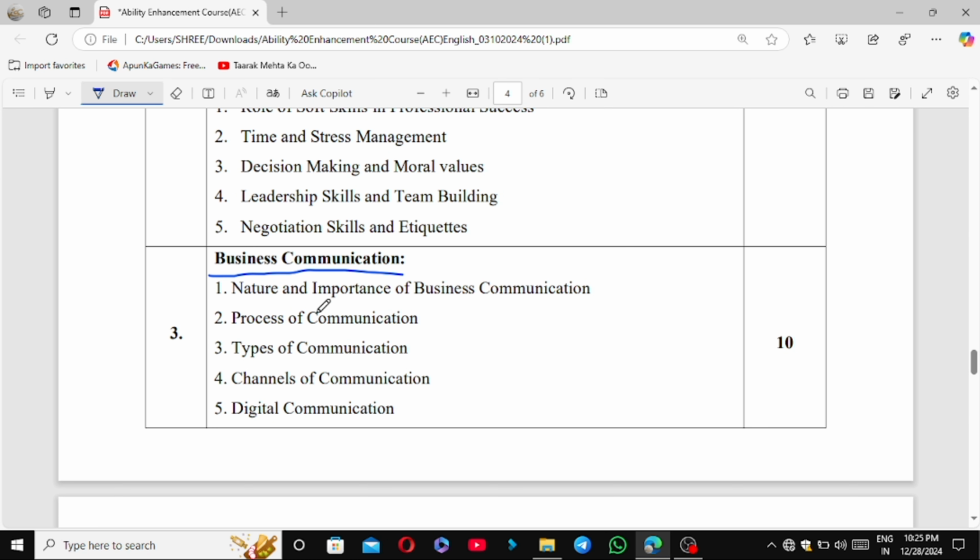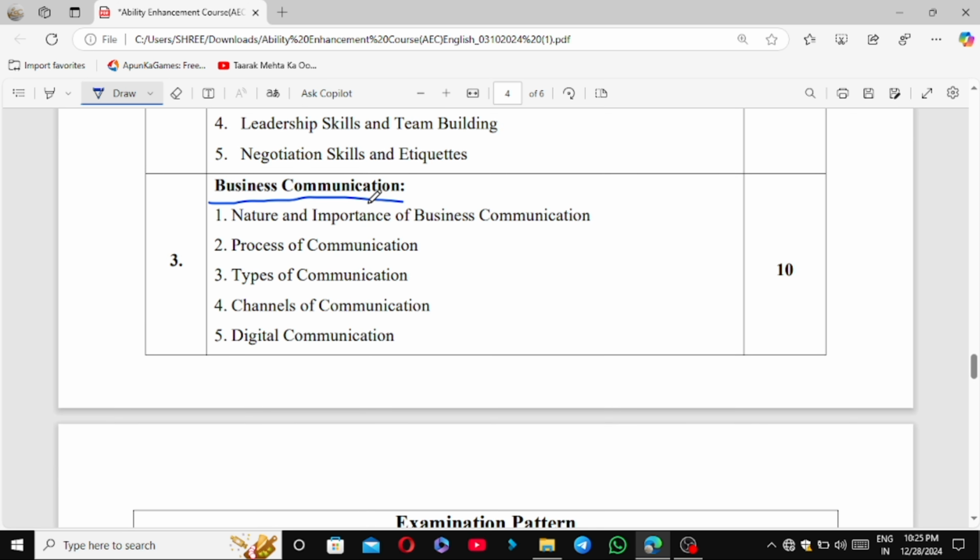Then the third topic is business communication. So what is business communication? Business communication is the sharing of information between people within and outside a company. It helps you in achieving business goals effectively and efficiently.